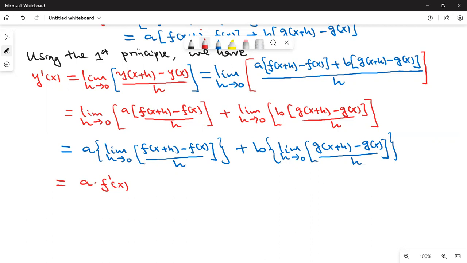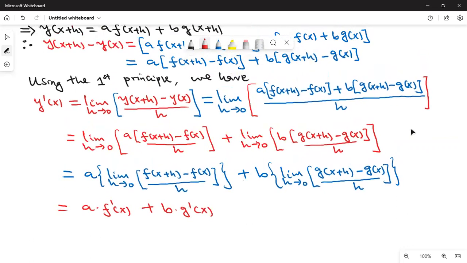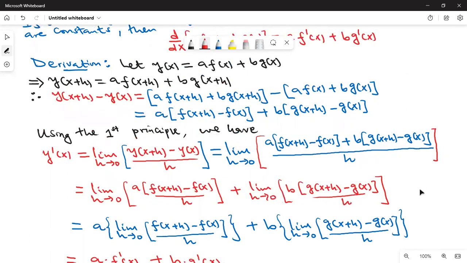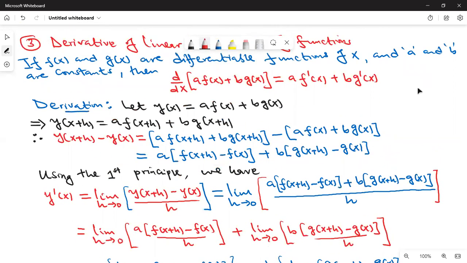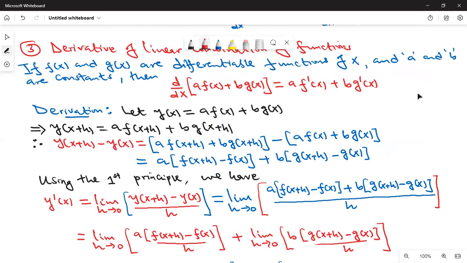What about in the second term? That is the same as b times g prime of x. Again from the first principle. So we have shown that when you start with a times f of x plus b times g of x, then your result should be equal to the constant a times f prime of x plus the constant b times g prime of x when you differentiate.